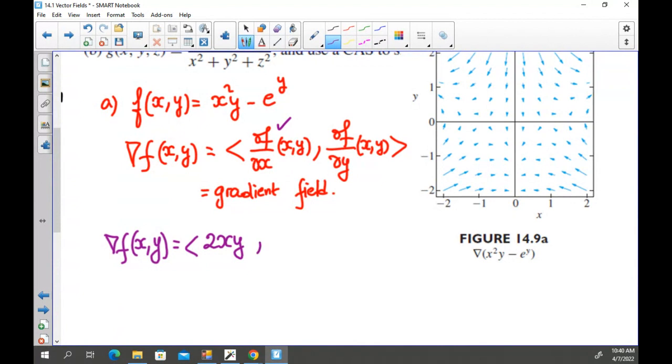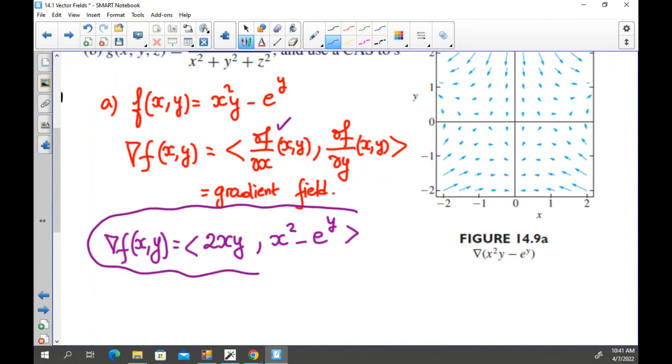What will be the second component? df over dy will be x squared minus the derivative of e to the power of y, which is e to the y also, like this. So that is the gradient of this function f here. So f, its gradient.